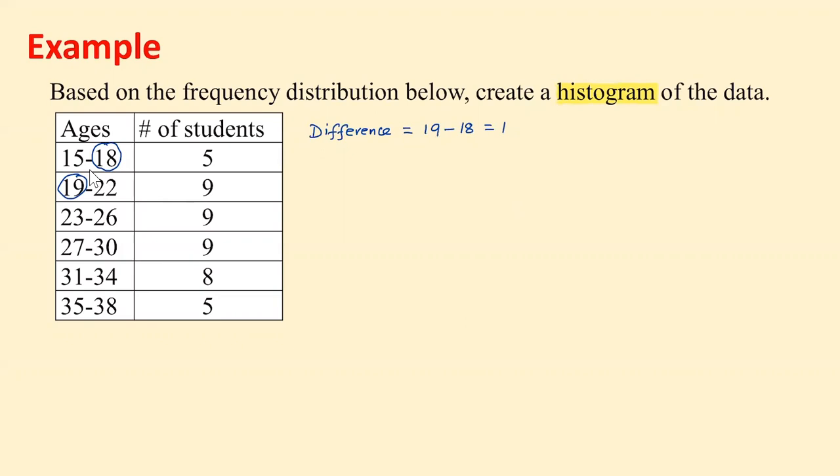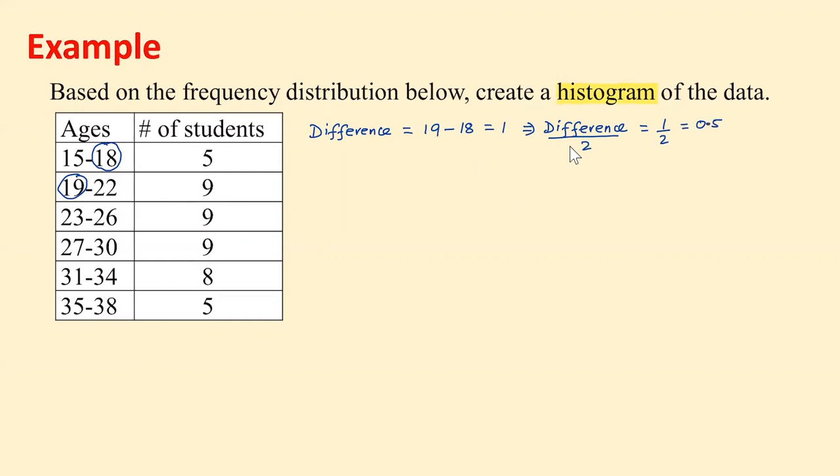So in order to change these classes to continuous classes, we divide this difference into two parts. So the difference divided by 2: the difference is 1, and 1 divided by 2 is 0.5.